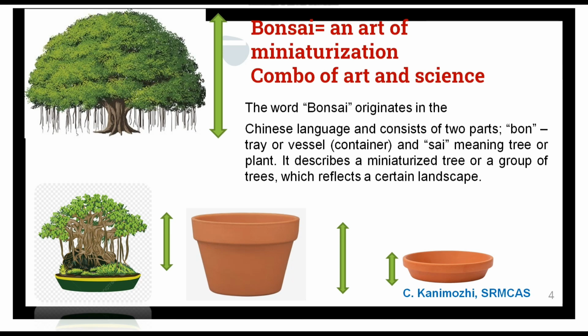Hence, bonsai has two parts: bon, which means the container, and sai, which means tree or plant. Here the picture depicts a banyan tree, which has been minimized and placed in a shallow container, which will be dealt with in the coming slides.